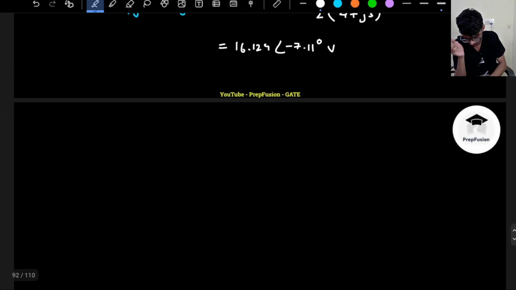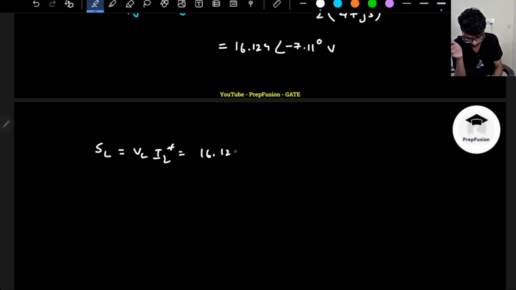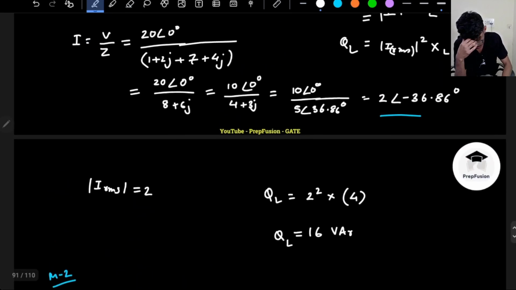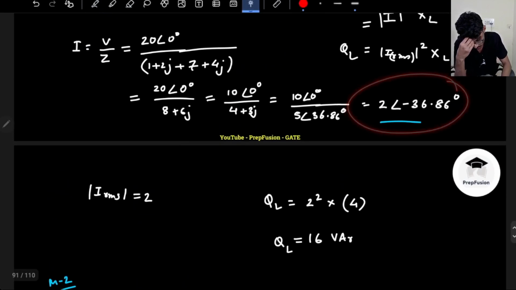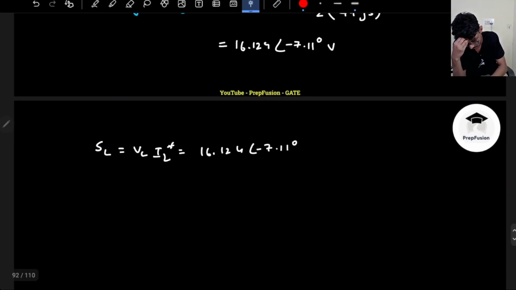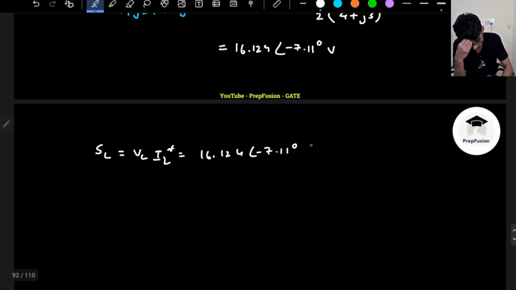So now I can use the formula SL equals VL into IL conjugate. VL is 16.124 angle minus 7.11 degrees. What is IL? IL is basically 2 into angle minus 36.86, so IL conjugate will be plus only, angle plus 36.86 degrees.